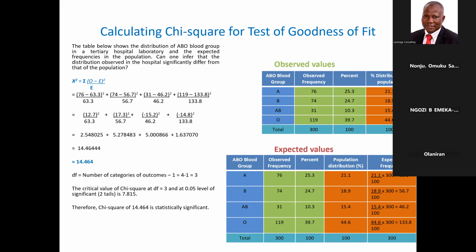The theoretical one, the one that had been established before, the percentage in the population is 21.1% for A, 18.9% for B, 15.4% for AB, and 44.6% for O. Are you seeing now? The one in the population that you want to compare your own with, you don't need to know the sample size at that time.